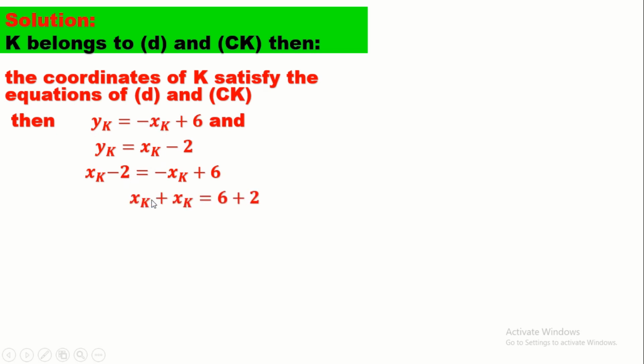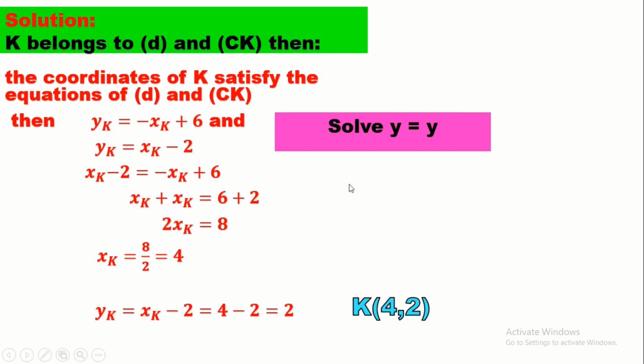We solve this equation to get the abscissa of K. We move it, minus becomes a plus, xk plus xk equals plus 6. Minus 2 becomes plus 2, so it's 8. Now 2xk equals 8, so xk equals 8 over 2 equals 4. If we replace it in any one of these two equations, we will get yk equals 2. Then the coordinates of K are (4, 2).